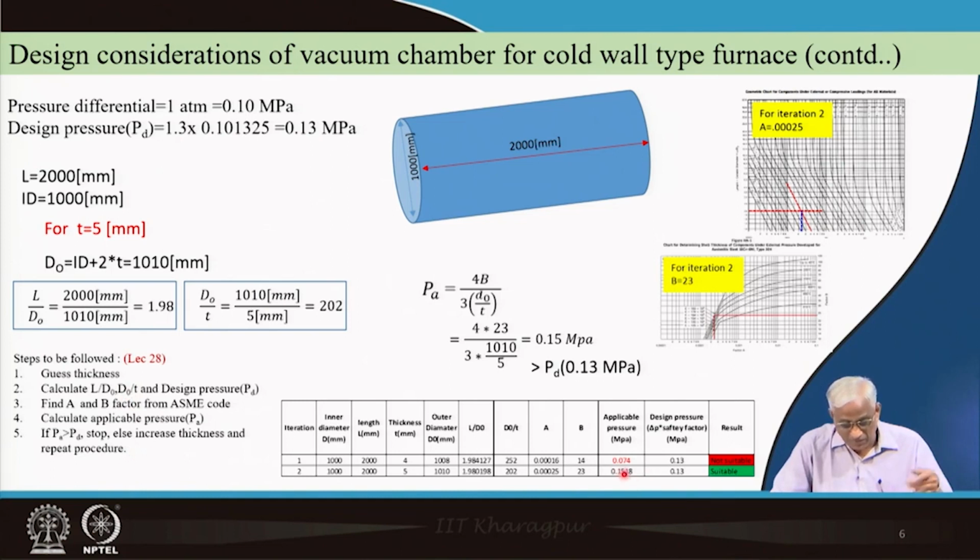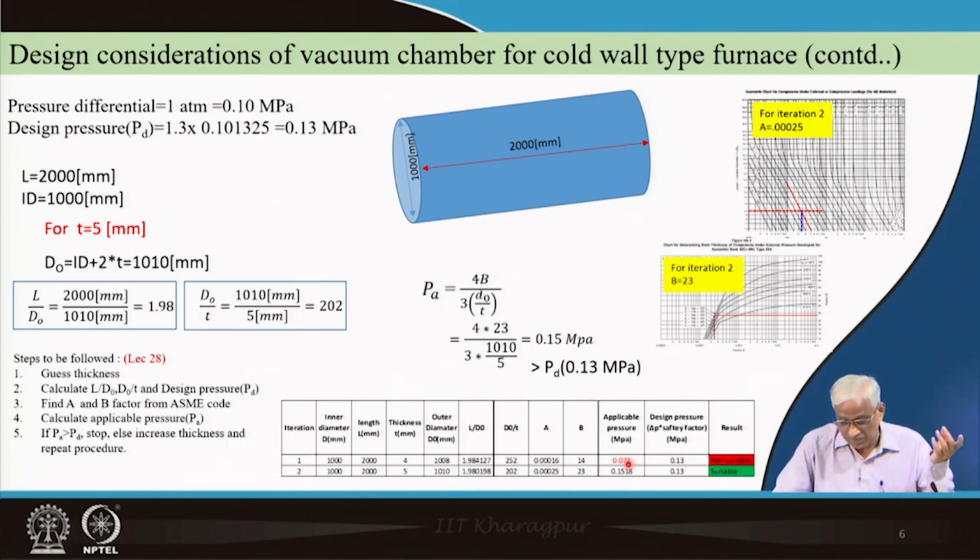For example, here I have done a design for this vacuum metallurgical furnace. I have chosen different thicknesses initially, and it is coming out to be not suitable. So, what is the thickness? 4 millimeter. Then immediately L by D naught by D, A and B factors, whether for safety this PA is more than PD or not, that condition you check.